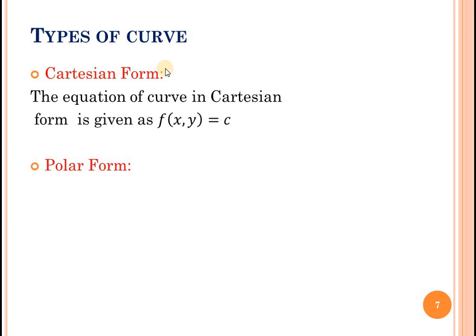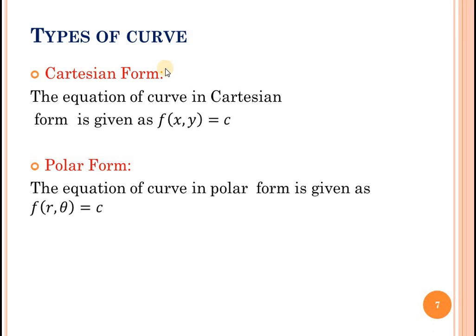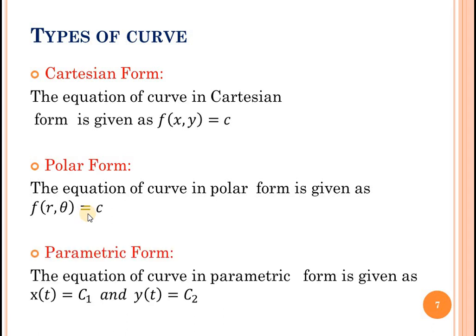The next type is polar form. The equation of the curve in polar form is given as f(r, theta) = c. And next is parametric form. The equation of the curve in parametric form is given as x is a function of some variable t, and y is a function of some variable t.